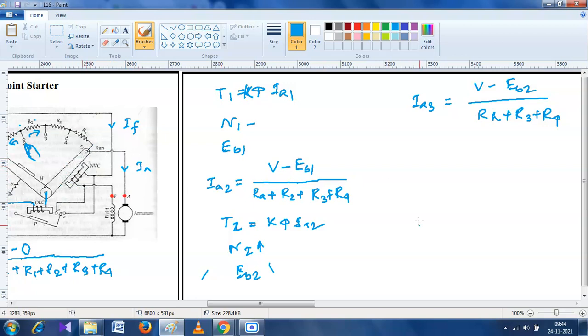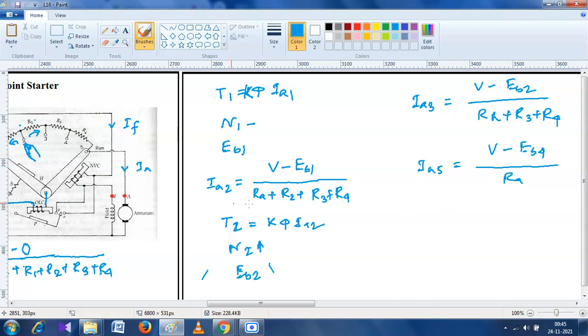And what is the resistance on the armature path now? Tell me, how much resistance is on the armature path at position 5? So there is only Ra.